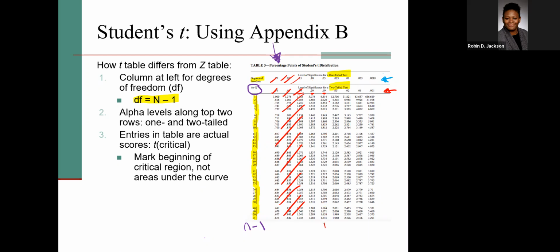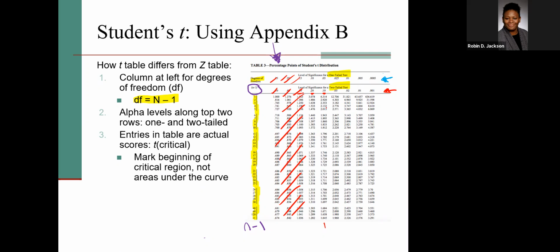Now, for me, this number is really small, so I can't see it. I think that says 1.796. So that would actually be my critical value. And this marks the beginning of the critical region, not the area under the curve.